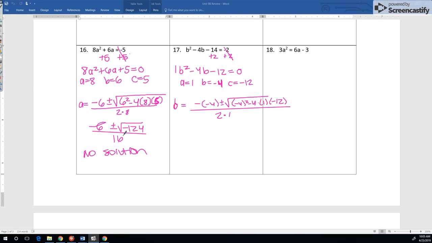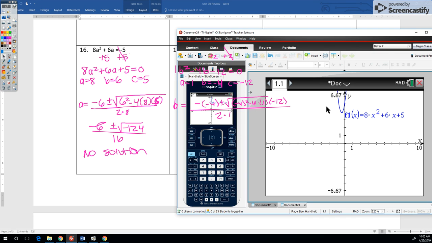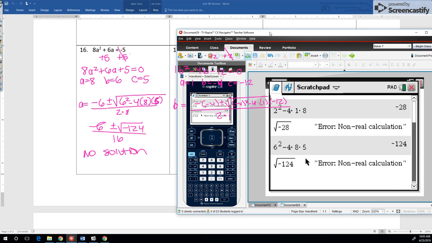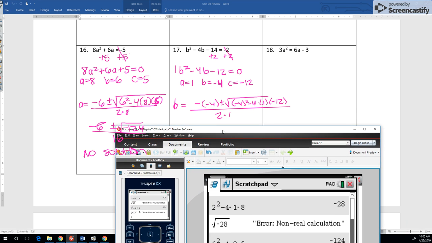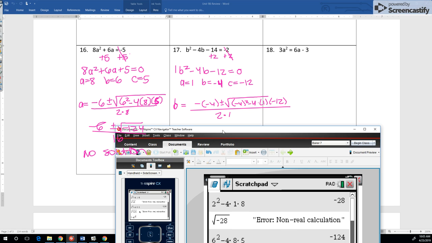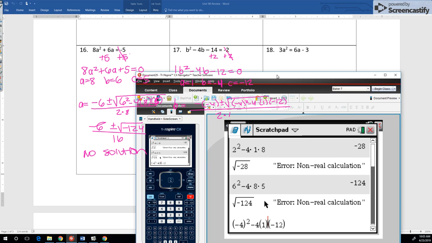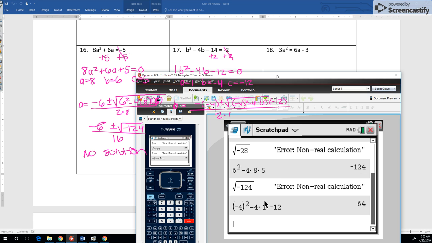Be very careful when you're typing in your discriminant into the calculator, because we have that negative 4 squared minus 4ac. Can't even see what I'm doing. Did I do it right? No. Okay, so b squared minus 4ac, 64. Awesome.